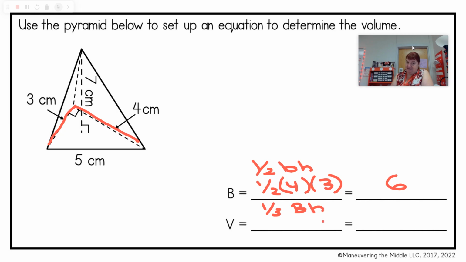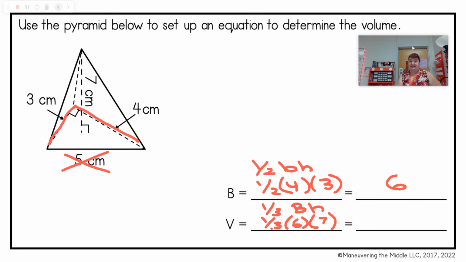times the height. Okay, now I want you to see right here, they gave you a distractor. We never use the 5, do we? Never use the 5. So they were distracting you. Okay, so here we go. 1/3 of big B times the height, which is 7.